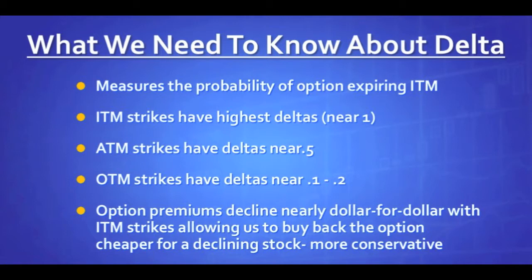So we know that option premiums will decline nearly dollar for dollar with deep in the money strikes. That means that if the price of the stock is declining and you hold an in-the-money strike, or you've sold an in-the-money strike, you could buy it back cheaper because the price of the option is declining dollar for dollar. Now, what do we need to know that for?